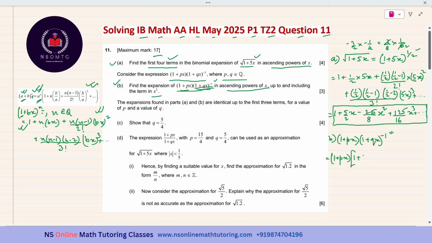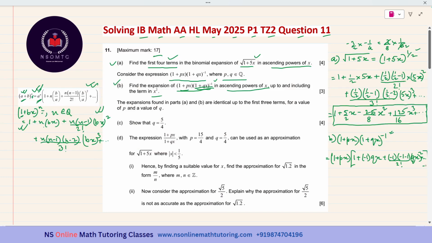So n is negative 1 times bx is qx, plus negative 1 times n minus 1, so negative 1 minus 1 over factorial 2, and bx whole square, so qx whole square, plus dot dot dot.